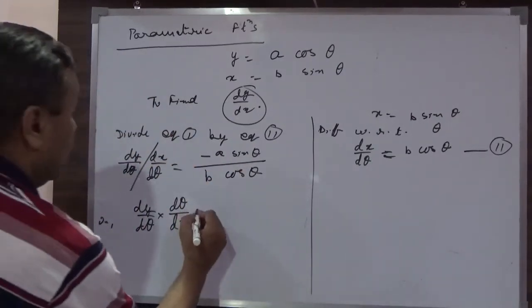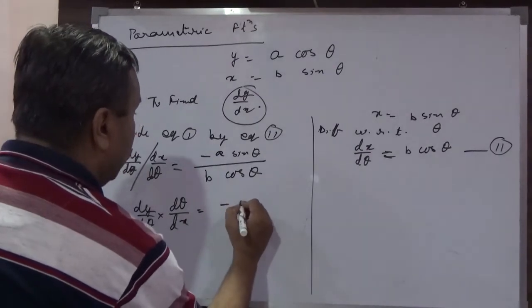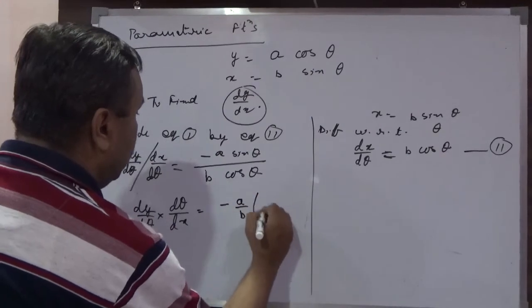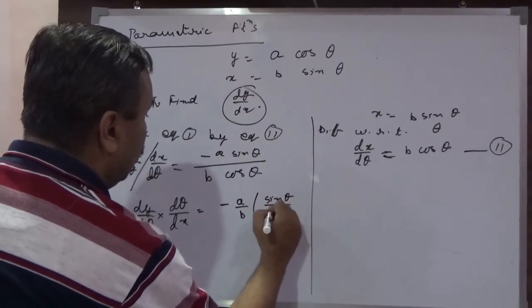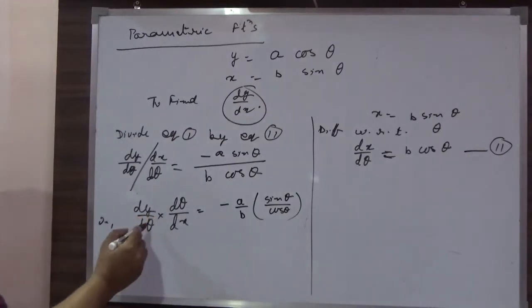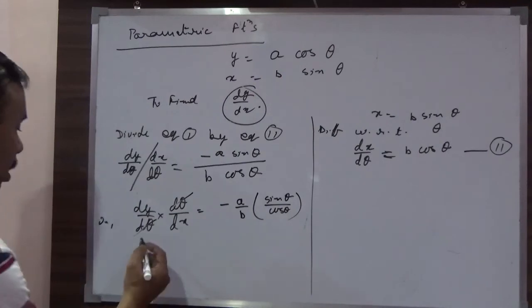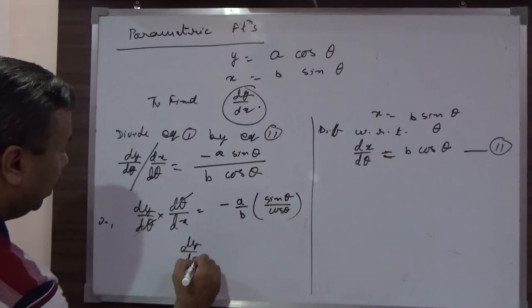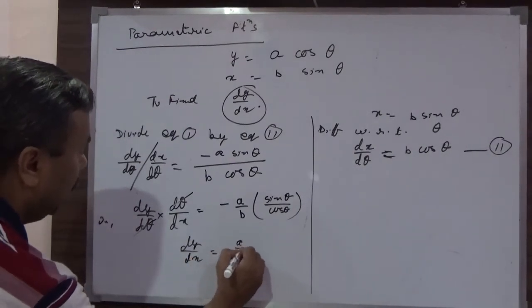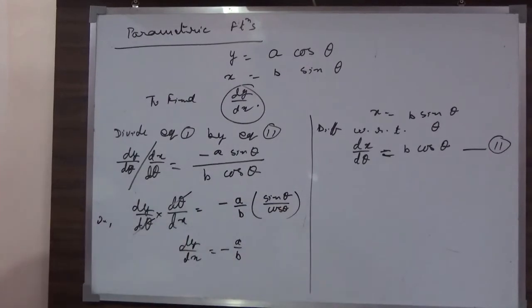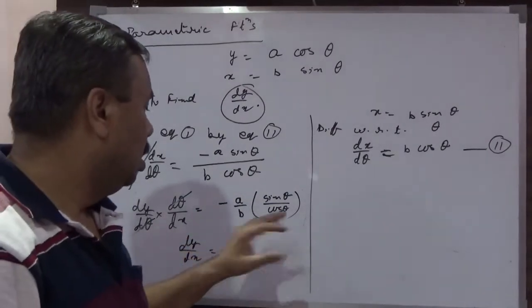And this side it will become minus a by b sin theta over cos theta. And from there d theta will get cancelled, because both are changing the value of theta. So dy by dx is equal to minus a by b, and this is what tan theta.